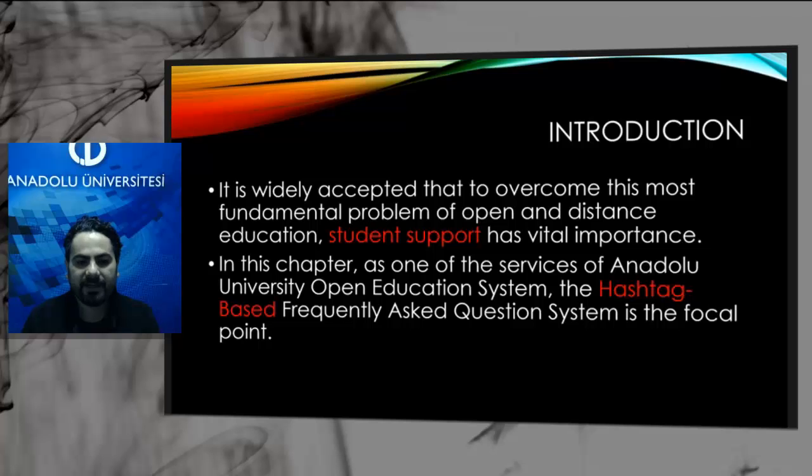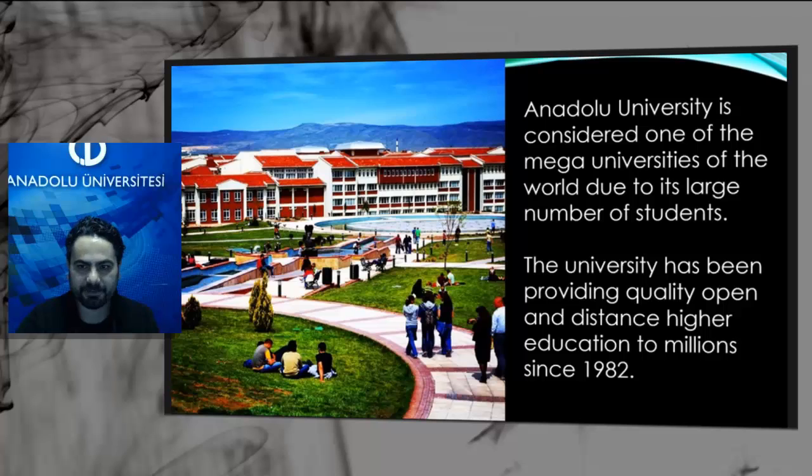So providing student support for open and distance education students has more vital importance. And in this chapter, as one of the services of Anadolu University open and distance education system, information about the hashtag-based frequently asked question system is provided in this section.